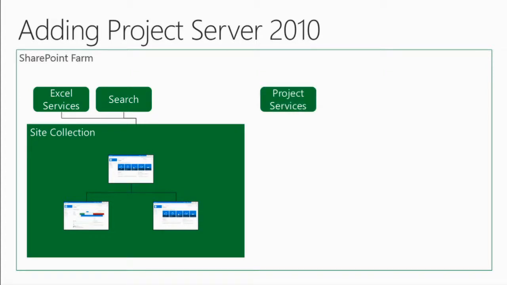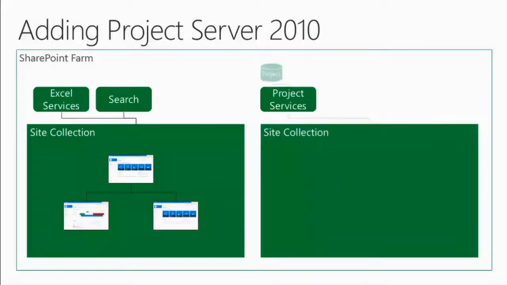You'd create your project service app, and then go into that service app and say, create me a PWA instance. That would perform a huge set of tightly coupled steps. It would create a brand new SharePoint site collection, create a project database for that site collection, and then create an SP web and apply the PWA template to it. So it would do all these steps in one big operation.